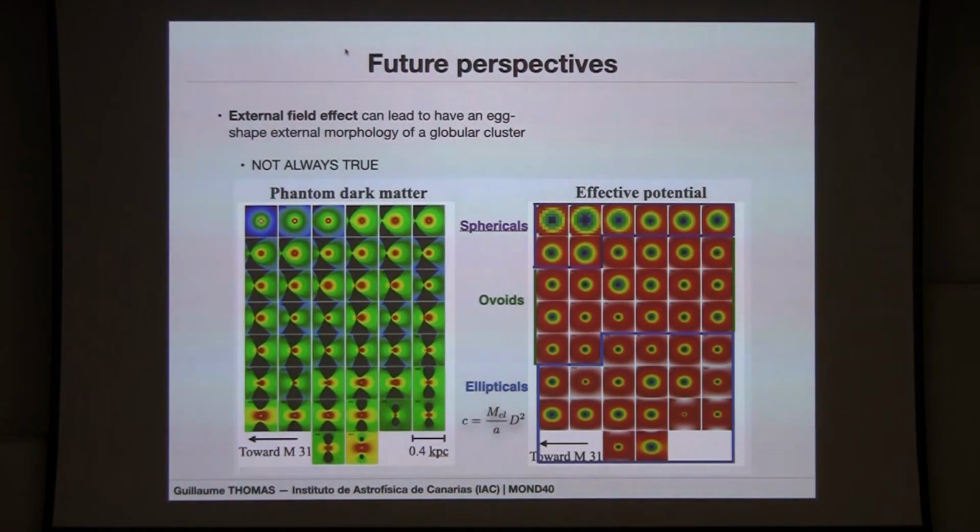Without the formalism to quantify it, it was impossible to do so. Only now can we do that, and we need to go to Newtonian simulations to see what amount of asymmetry you expect due to the difference of the external field, the external acceleration, along the cluster. That's something we need to do.